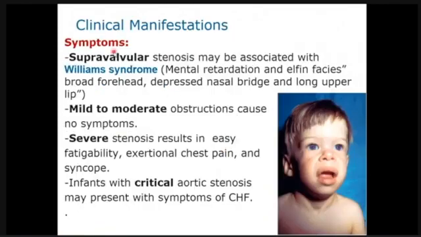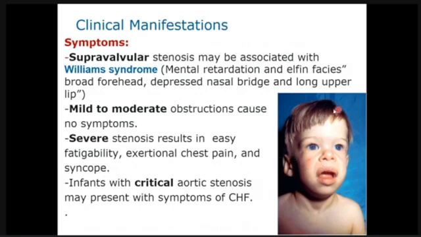Clinical manifestations. The supravalvular type of aortic stenosis is associated with a specific syndrome called Williams syndrome. This is characterized by mental retardation and elfin facies. What are the elfin facies? Broad forehead, depressed nasal bridge, long upper lip, it's called long philtrum, and prominent ears, long prominent ears.